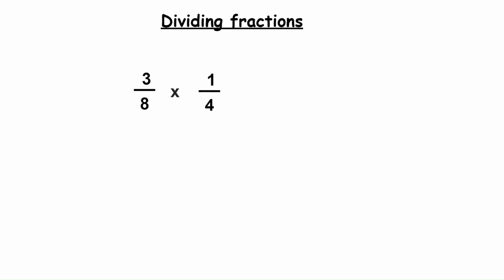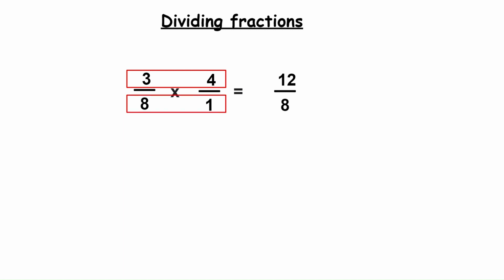And last, we're going to flip the position of our numerator and our denominator in our second fraction from 1 over 4 to 4 over 1. And now that we've completed our 3 steps, we can solve our problem. 3 multiplied by 4 is 12, and 8 multiplied by 1 equals 8. So again, we have an improper fraction.